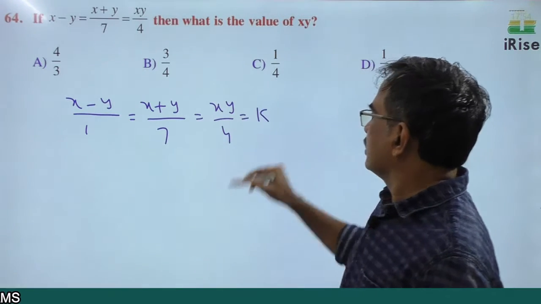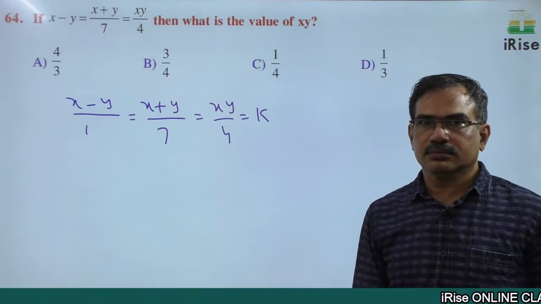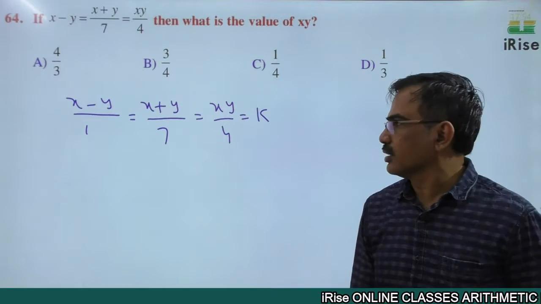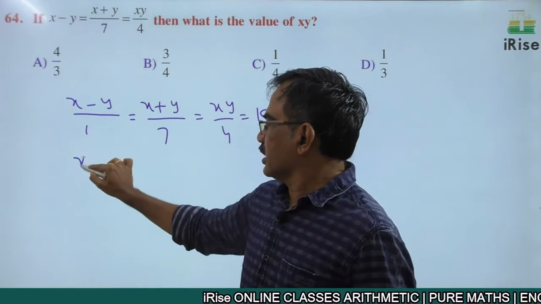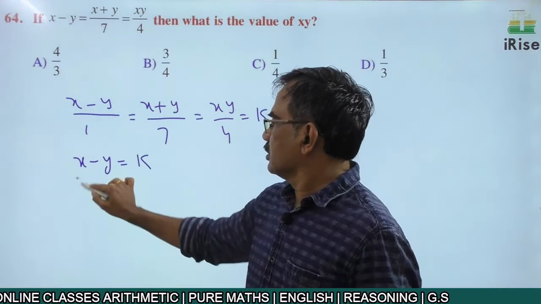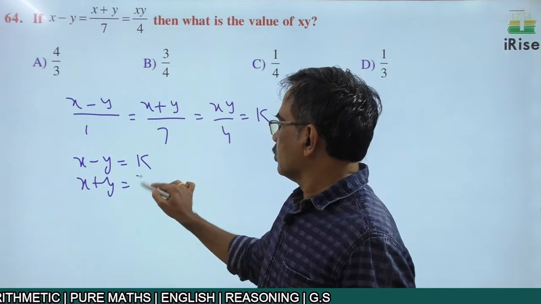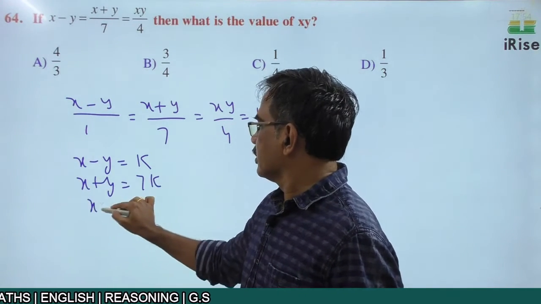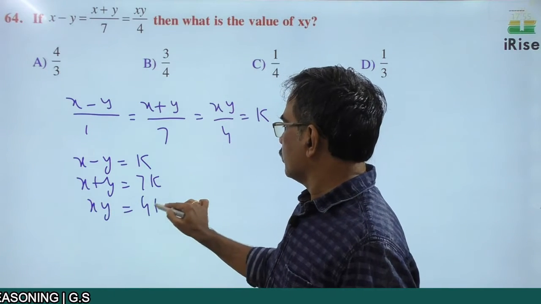I want to consider this as k. So here x minus y is equal to k, x plus y is equal to 7k, xy is equal to 4k.